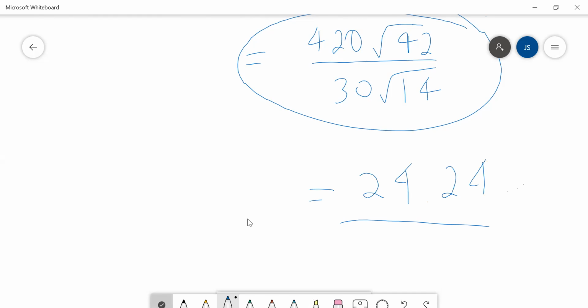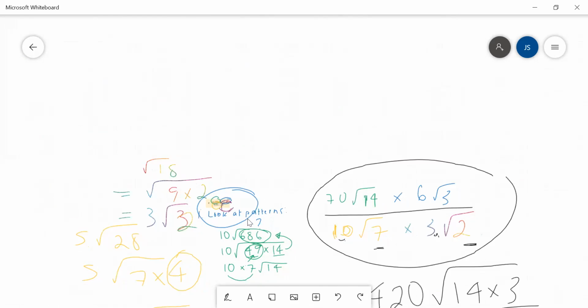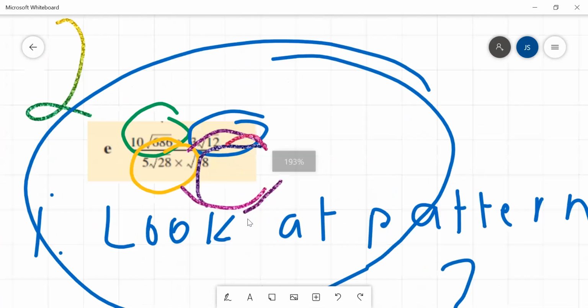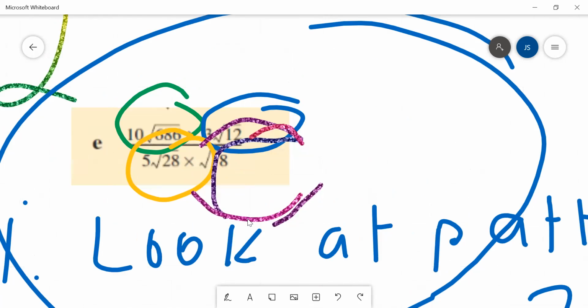I'm going to go up the page now, and we're going to put this exact same thing in, and we're going to see what it is in decimals. 10 square root of 686 times 3 square root of 12. On the bottom, we had 5 square root of 28 times square root of 18, sorry.